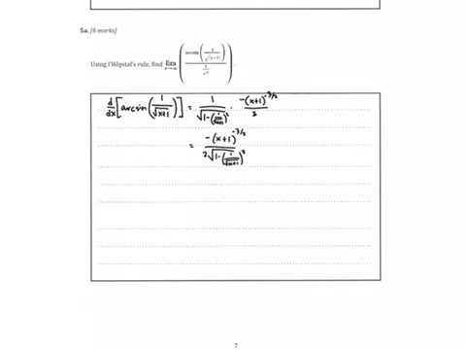Okay, now derivative of, ooh, this is much nicer. Derivative of 1 over root x will equal negative x to the negative 3 halves over 2. Okay.